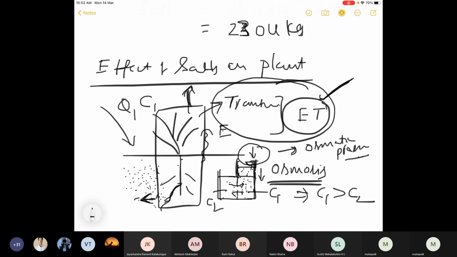It's very difficult now compared to when there is no salt. With no salt it's easier to take out water, but in this case it's difficult. So that definitely influences the plant growth. The salts should have a definite concentration. If it is more than a certain concentration, definitely that's going to affect the plant growth.